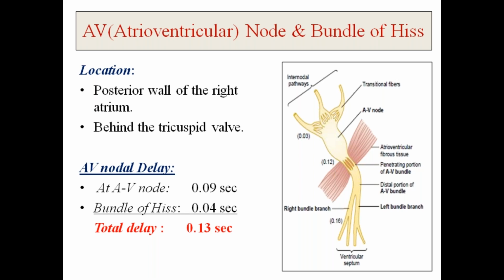Now, if the impulses travel very fast to the ventricle, what will happen? Your ventricle will also contract. So your atria are contracting from above and your ventricle is contracting from below. What was the purpose of atrial contraction? When the heart contracts, we call that systole, and when the heart relaxes, we call that diastole. And this systole and diastole is similar for atria and ventricles.